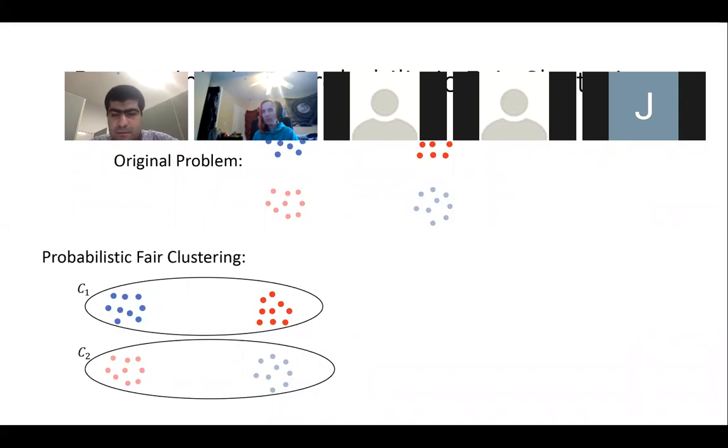Right. So that's actually a good point, right? You could have this algorithm operate on an example where it produces clusters which are fair in expectation, but in realization, it's basically either completely red or completely blue. Right? That's your question, and this could happen.